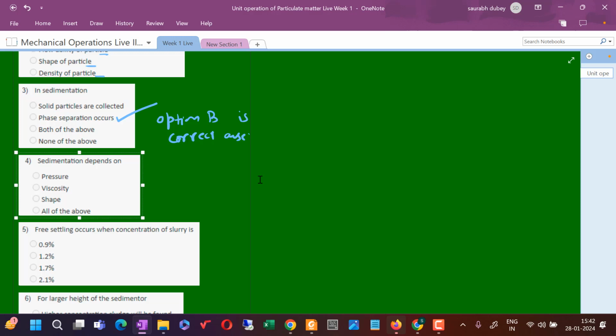But at the same time, the viscosity of the liquid in which the solid particles are present also plays a role, because slurry is the combination of solid plus liquid. And also the pressure. So can anybody explain how pressure plays a role in defining the sedimentation?